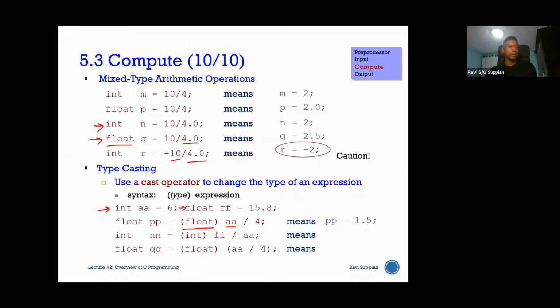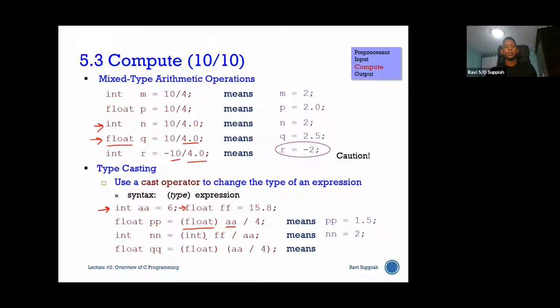Now let's look at the next line and see what is happening. Here I have integer ff divided by AA. So what is integer ff divided by AA? ff is actually a float, 15.8, and I am going to take ff and cast it as an integer and divide it by AA.